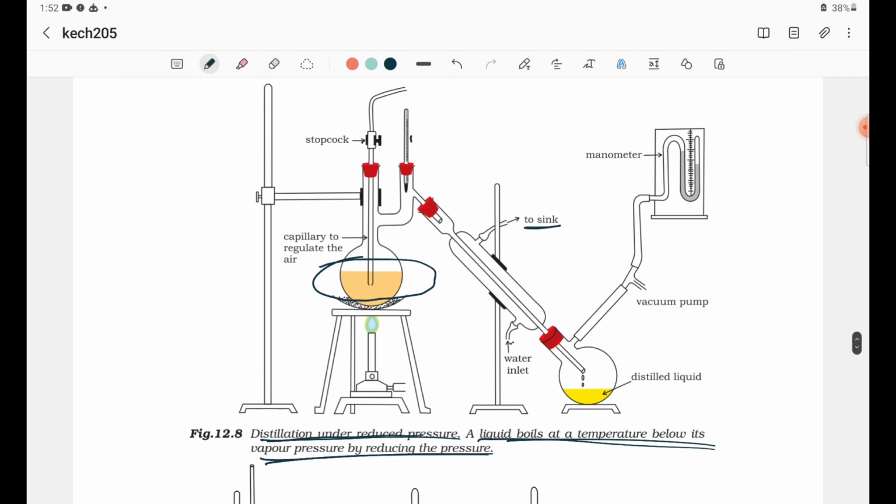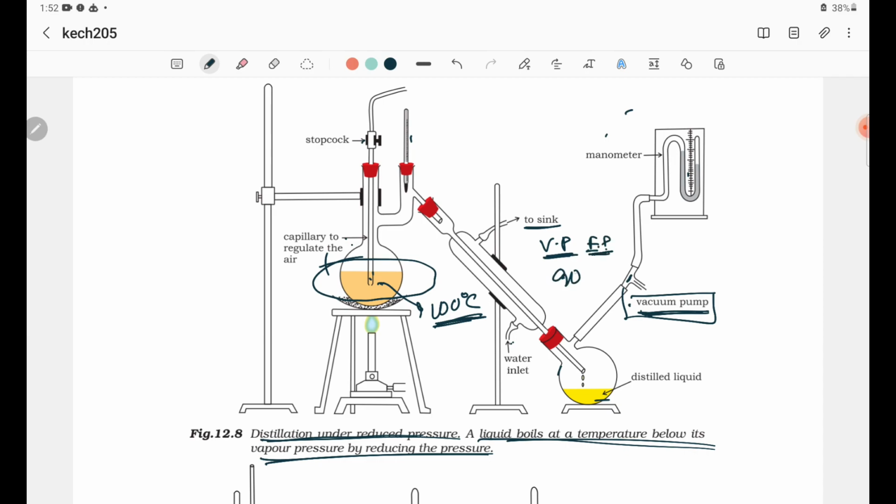So here also it is the same phenomenon, nothing else, no problem over here. I need to boil it under reduced pressure. When it starts boiling at normal pressure, suppose the boiling point is 100 degrees C, it will boil at 100 degrees and the distilled liquid will come over here. But as it would boil at 100 degrees C, here there is a manometer and here is the vacuum pump. By using this vacuum pump I am reducing the pressure.